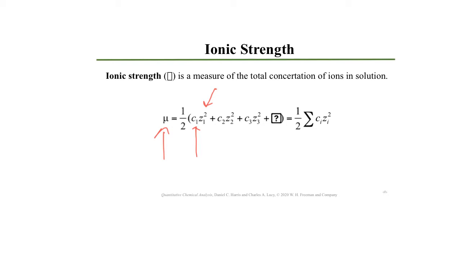So this is for number 1, number 2, number 3, and then this symbol just means it goes on and on. It didn't translate in there very well. So that is the ionic strength equation: the summation of these concentrations times their charges squared, so everything in solution.